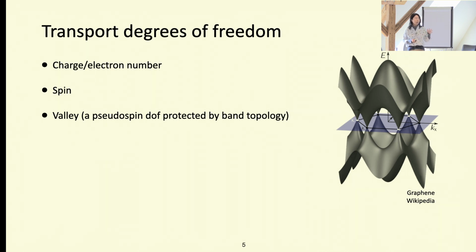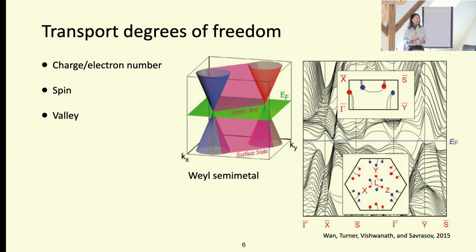And in graphene, you have two inequivalent valleys, K and K prime, and they essentially behave like a spin 1/2. As progress is made to study very complex electronic band structures, valley degrees of freedom are also discovered in Weyl metals. This was first predicted with band structure calculations and later found in many real materials.